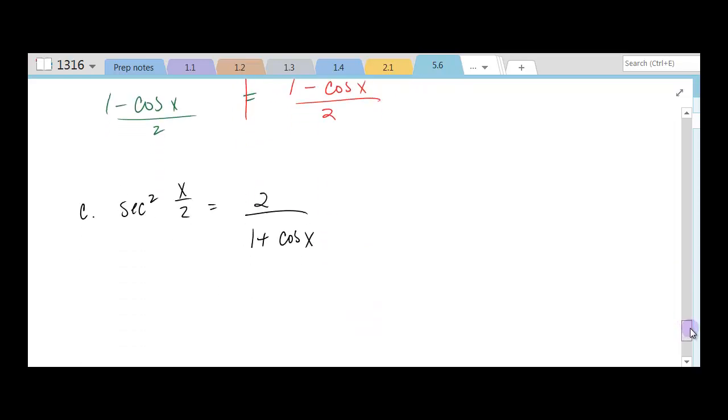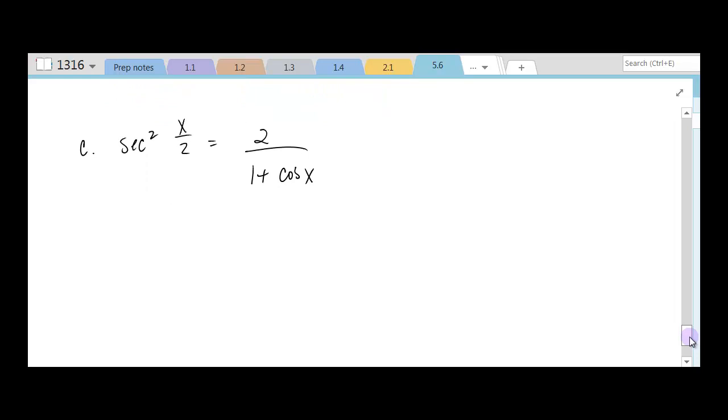Okay, the last one we're going to look at together in this video is another identity that I want to be able to prove. This one looks like secant squared of x over 2 is equal to 2 over 1 plus cosine x. Now the right hand side over here is pretty simplified. I don't really know if I can do a whole lot with it.